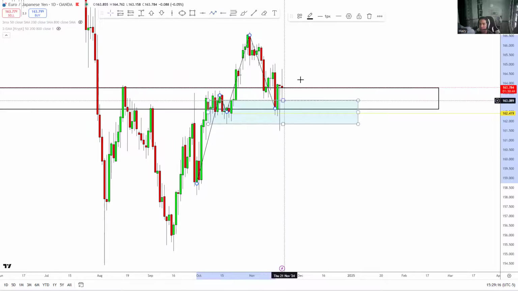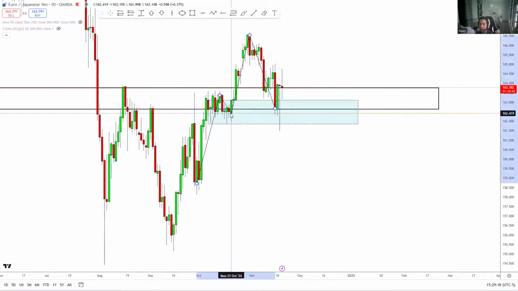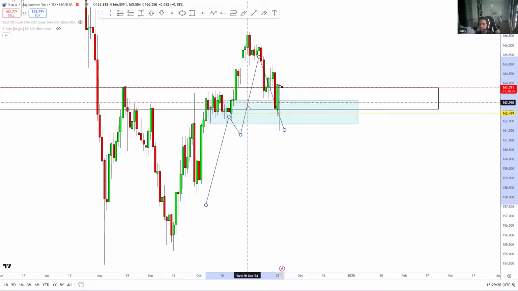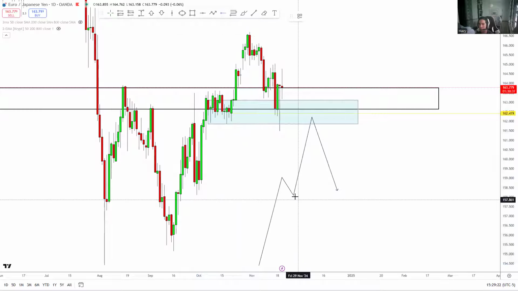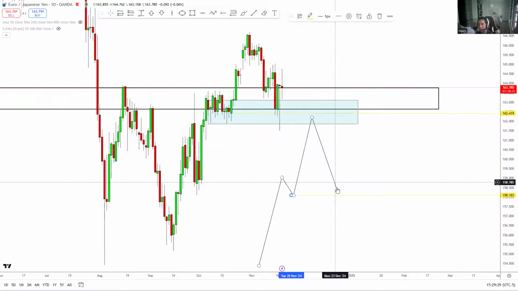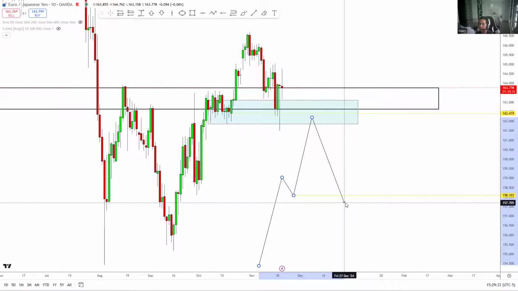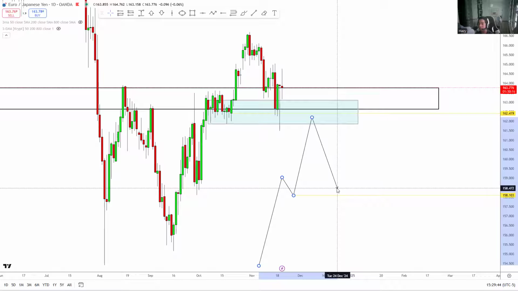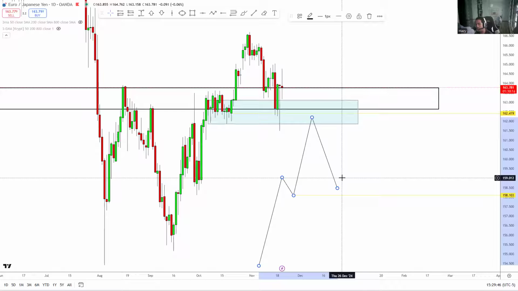If price did not close below this yellow line, then it's bullish structure. If we had closed below, it would turn into a bearish move to the downside, and the trend would turn from bullish to bearish. Since it didn't close below, we're still in bullish structure.